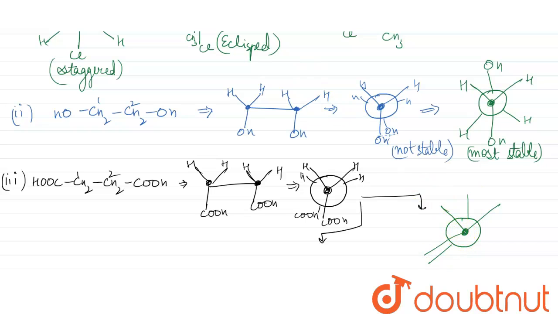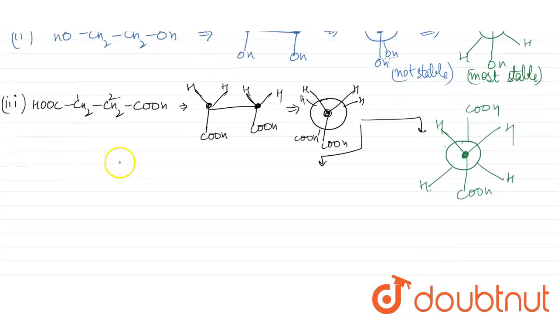One staggered form has COOH here and the rest here, but this is very stable. This is not the least stable.